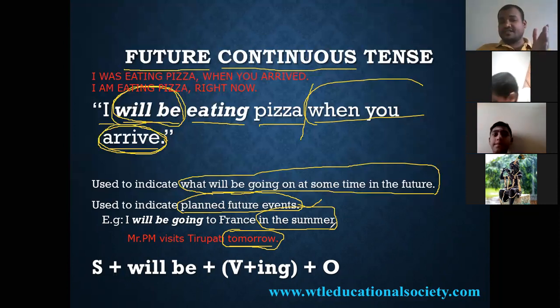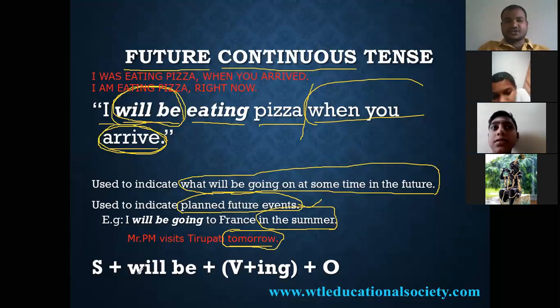But Mr. PM visits Tirupati tomorrow: today we are talking about tomorrow, so there is a particular time, a particular date. So if you talk about a particular planned action of future events, that can be mentioned in simple present tense. If you talk about future events in general, without particular details, then you can use future continuous. Understood? Yes, sir.